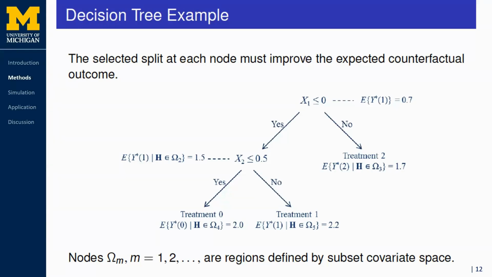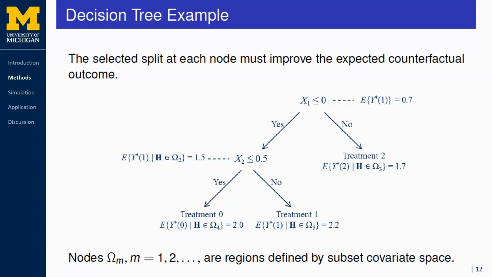And then in each subgroup, you may notice that their expected counterfactual mean actually got improved, right? So this is 1.5, this is 1.7. And each of them is higher than the one size fits all type of treatment. Okay, you can continue to think about the next covariate, whether it's useful or not, according to our splitting rules. And then we notice that, oh, x2 actually is another important tailoring variable. And this biomarker has a cutoff value of 0.5.